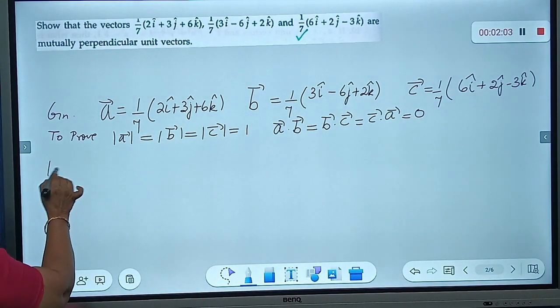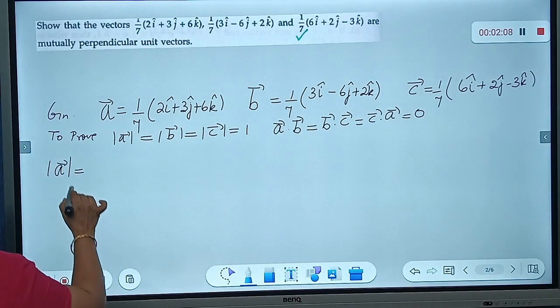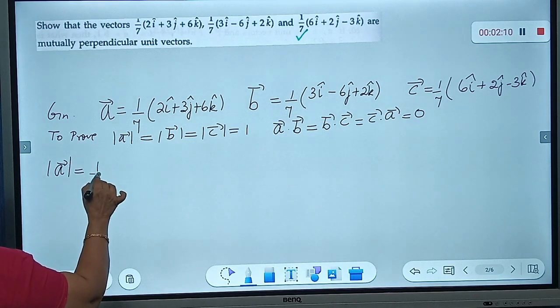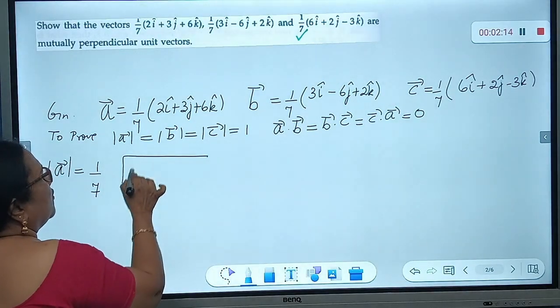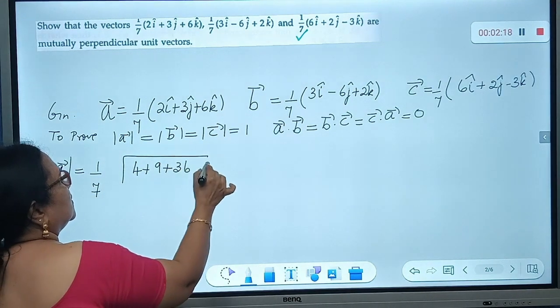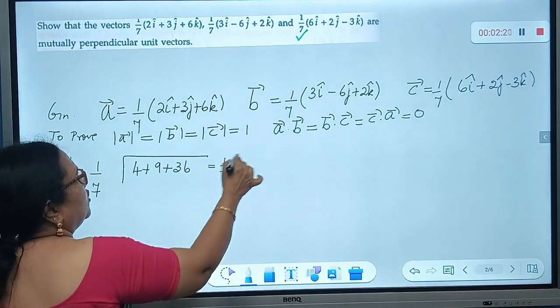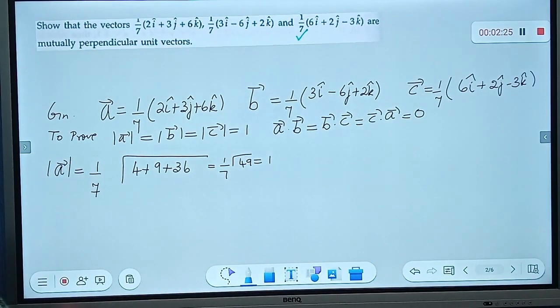So now let us first look at A vector, modulus of A vector. Modulus of A vector will be 1 by 7 into root of 4 plus 9 plus 36, 1 by 7 into root 49 which is 1.